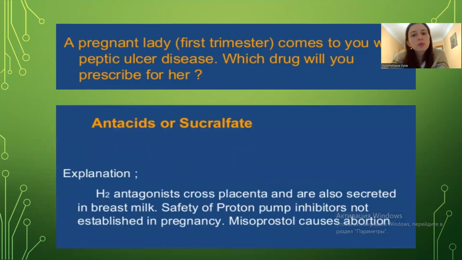Antacids or sucralfate. And why? Histamine antagonists cross the placenta and are also secreted in breast milk. Safety of proton pump inhibitors is not established in pregnancy. Misoprostol causes abortion.